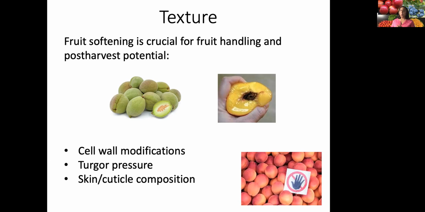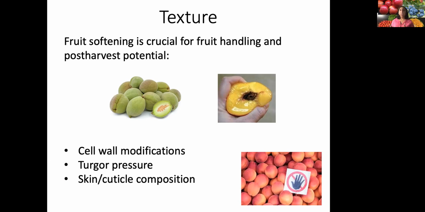And then the third aspect that is related with fruit softening and fruit texture is the composition of its skin, generally. There are fruits that have a lot of lipids or fatty acids in their skin. That would help or not with the exchange of gases in the fruit, which is highly related with how this fruit is going to be maintained throughout storage or after it's been harvested.